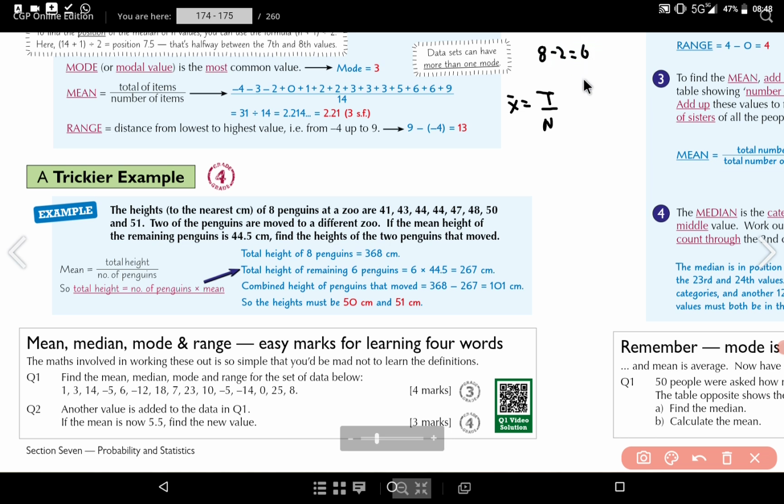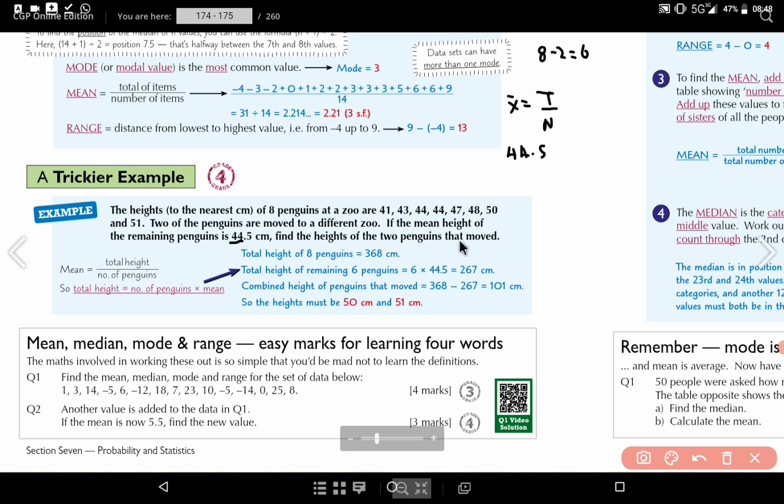These 6 penguins have a mean of 44.5. So we are going to replace 44.5 on the mean. Find the height of the 2 penguins that were moved.